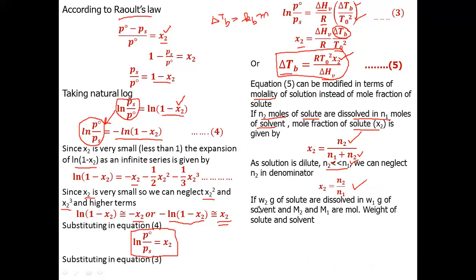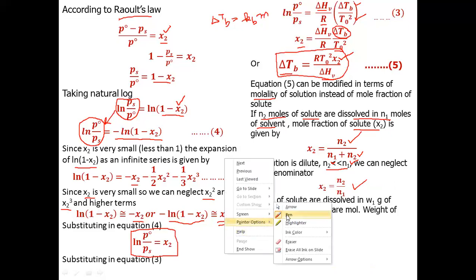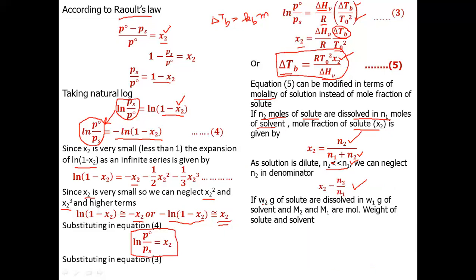Now, next, assume that W2 is the weight of solute which is dissolved in W1 gram of solvent, and M2 and M1 are the molecular weights of solute and solvent.